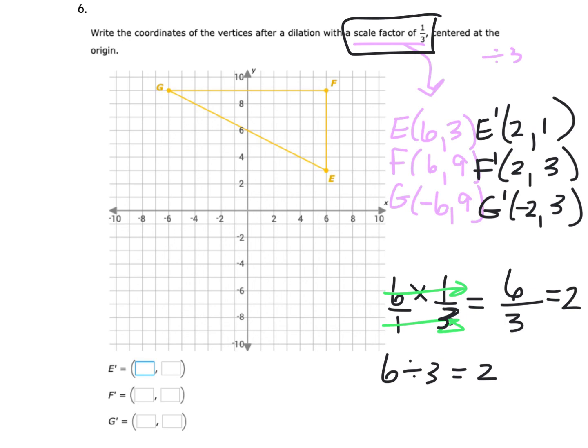So 2, 1 is here for E prime. 2, 3 is here for F prime, and -2, 3 is here for G prime. So you can see that it reduced by 1/3. It's 1/3 of the size. And then down here we would write our ordered pairs of the primed image, or the dilation. Okay, so I'm just going to put these same numbers in here.